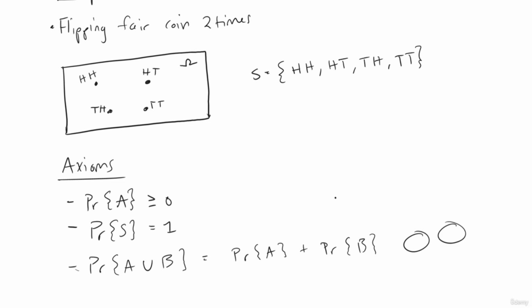So if we had these two sets of events, A and B, and they didn't overlap, then it makes sense that the probability of everything happening over here plus the probability of everything happening over here is the union of these two. The union just includes everything, and we don't include that center right there. And so that's what that means.